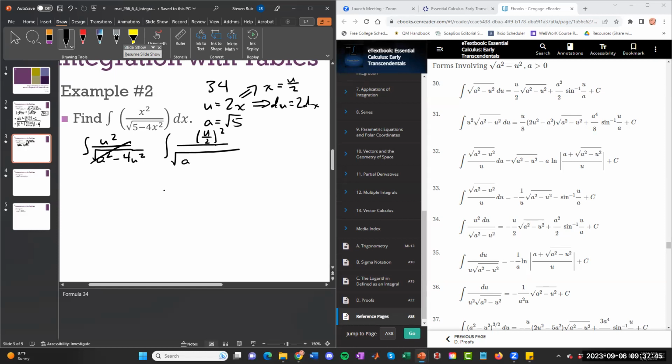Now the denominator becomes a squared minus simply u squared, right? What does dx become? du over 2. So we're not exactly the same as the form we're trying to mimic, but is that okay?